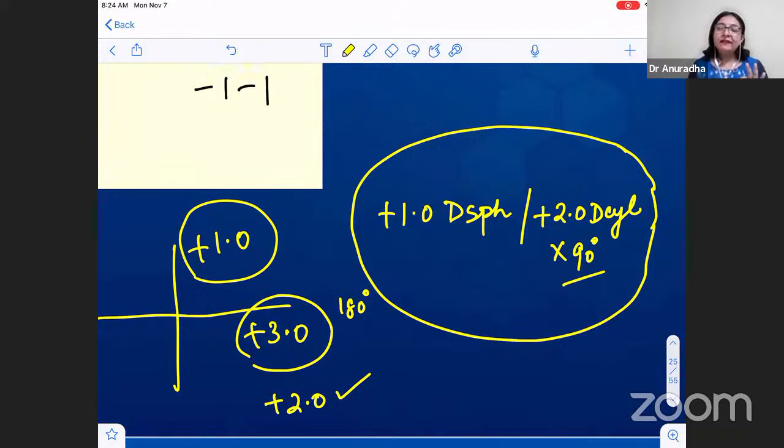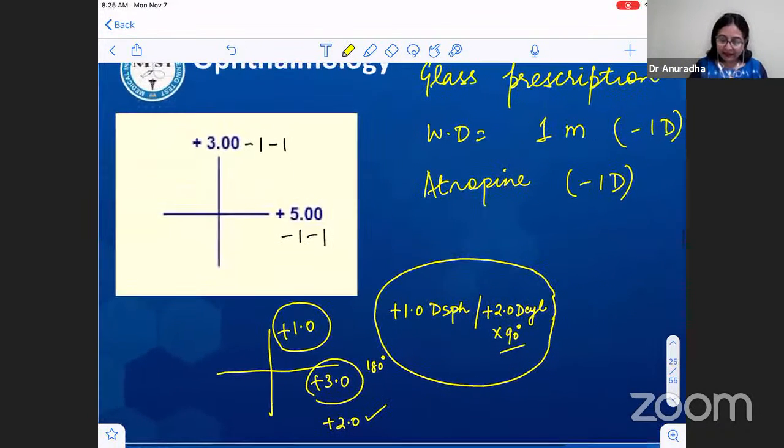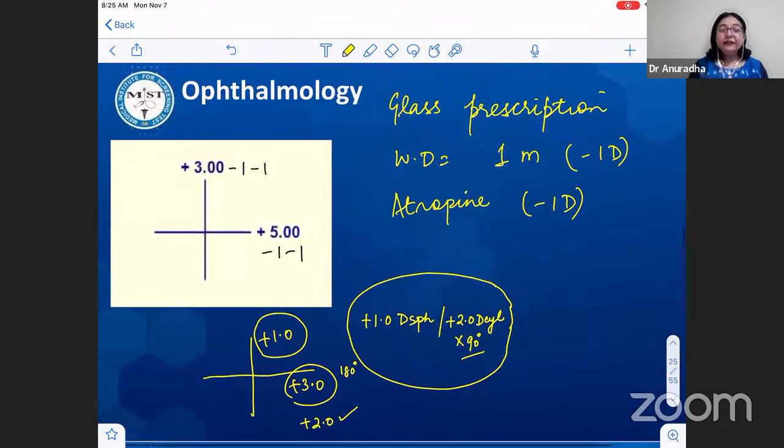Then +2 residual is left at 180 degree. So this +2 will be given as cylinder, but I need the power at 180, so I have to place that at 90 degree because cylinders act 90 degree to where they are placed. So this is how you will convert your retinoscopy finding into glass prescription, beta, if the question comes like that.